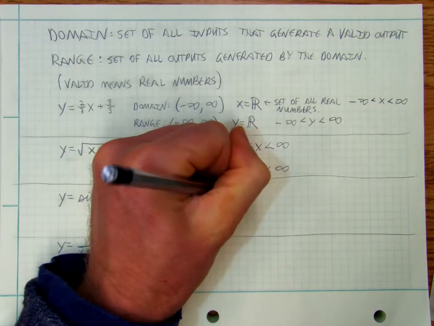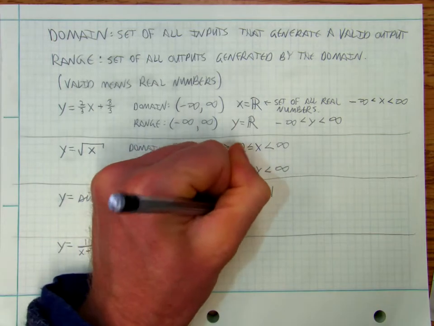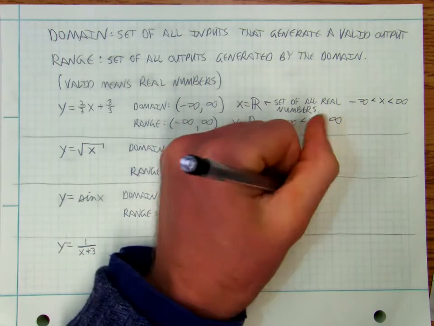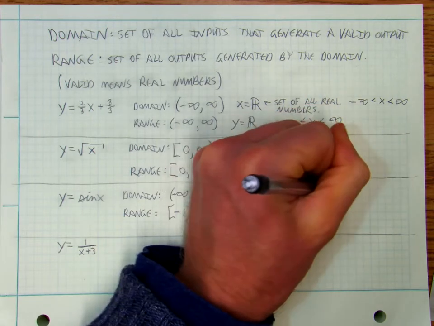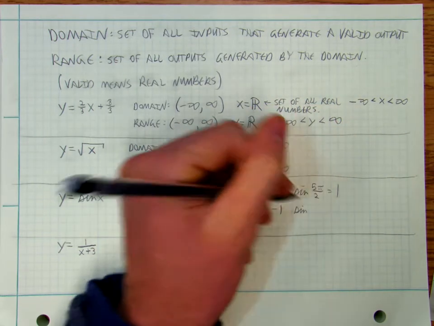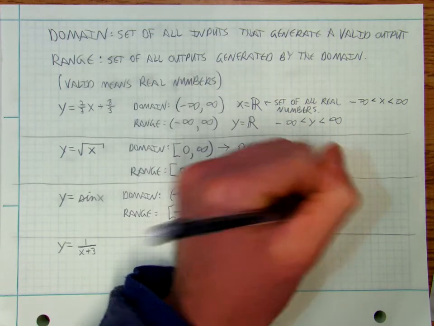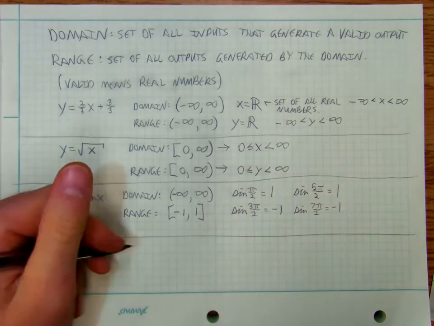So, the sine of pi over 2 is equal to 1. The sine of 3 pi over 2 is equal to -1. The sine of 5 pi over 2 is equal to 1. The sine of 7 pi over 2 is equal to -1. And the sine function never gives me an output that's greater than 1 or less than -1.